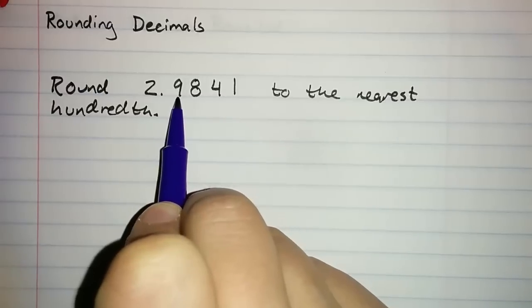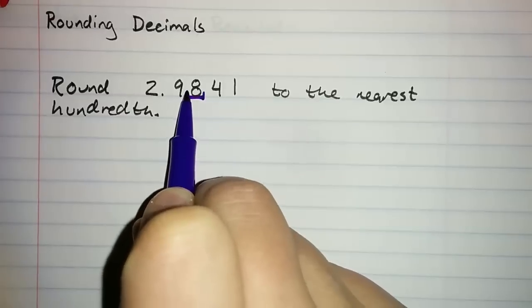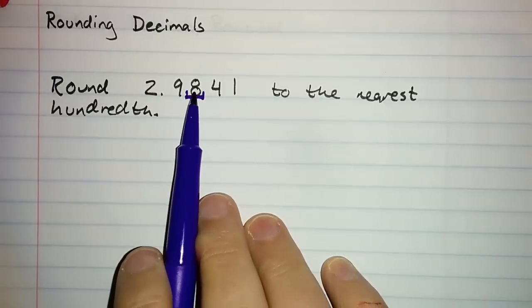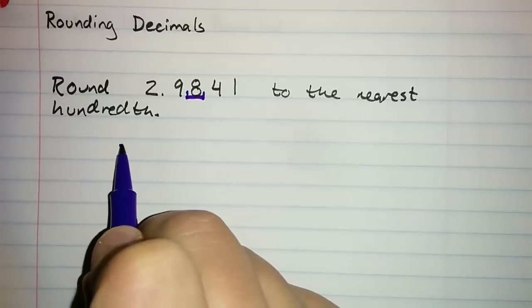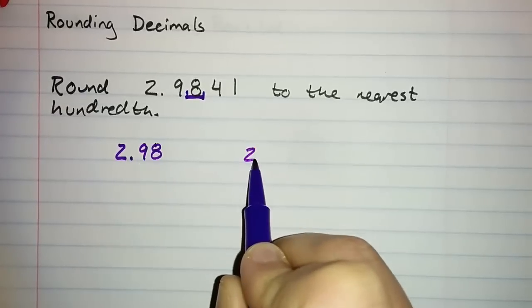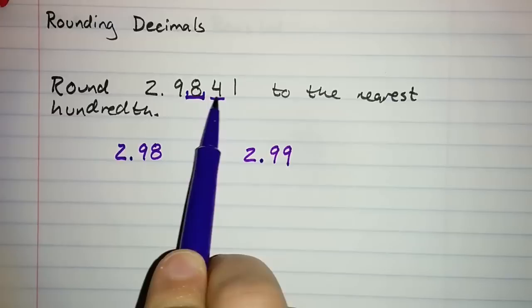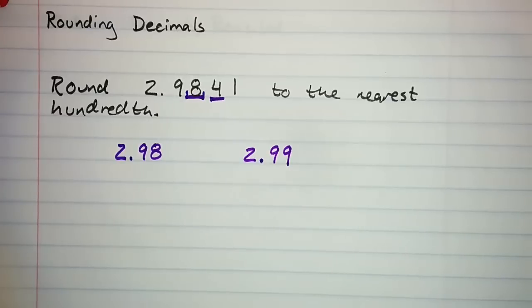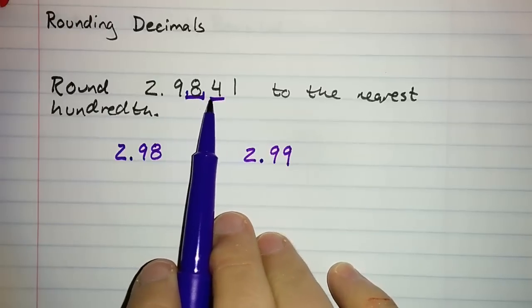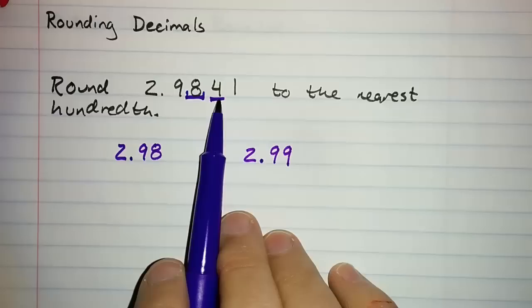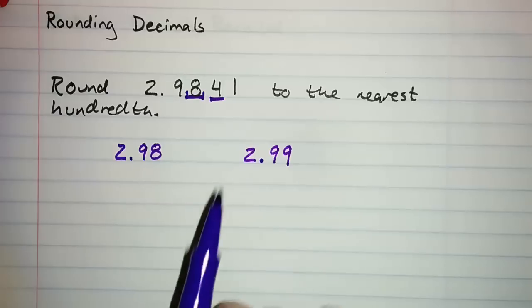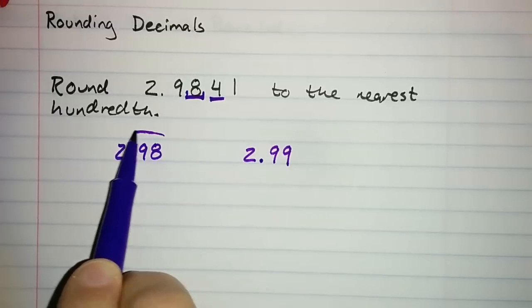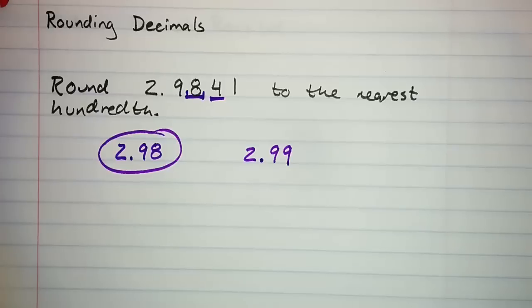Noticing that I have a tenths and then hundredths place, this is asking me to round to this place. 2.9841 is between 2.98 and 2.99. But then, noticing that this next digit is a 4, that means I have 4 thousandths and change. 5 thousandths would be the middle point, so this number is closer to 2.98.